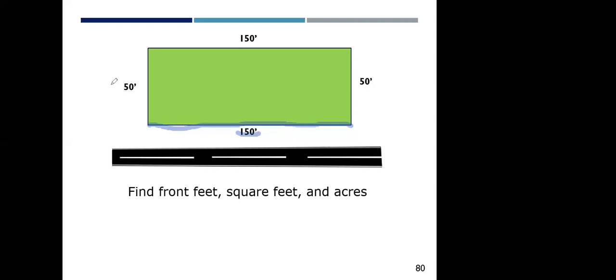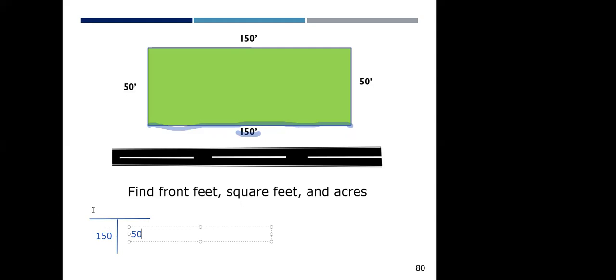Next, it wants us to solve for square feet. We're going to see both T-bar and formula. If you set this up by a T-bar, we have our length or our front feet times our width or our depth. Length is 150. Width or depth is 50.